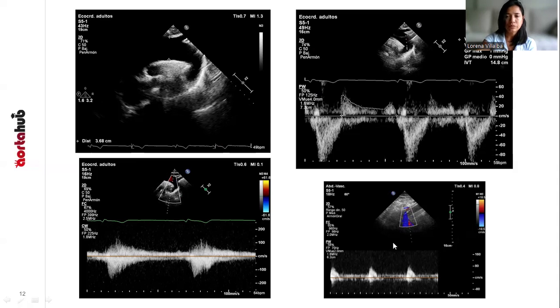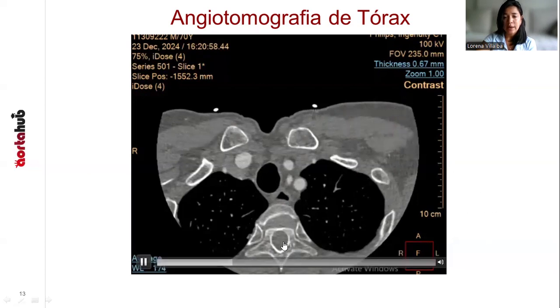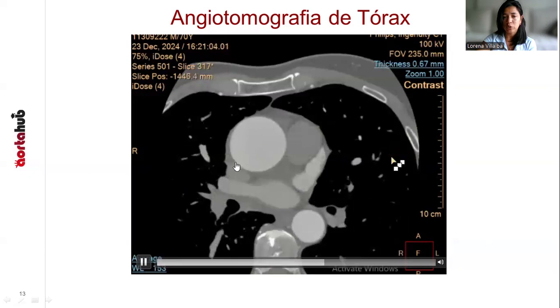The patient had an external angiography performed, and in this video, which is a cross-sectional view, we can observe the dilation of the ascending aorta, the dominance of the tubular aorta, which has a maximum diameter of 50 millimeters at the level of the tubular portion.